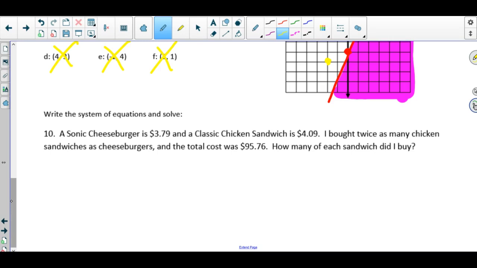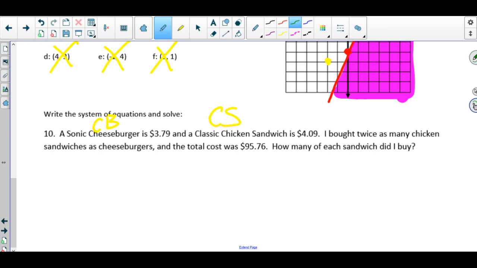We'll call that C. Hamburgers we'll call H, or cheeseburger. How about this? Chicken sandwich and cheeseburger. CB and CS. So a Sonic cheeseburger is $3.79. And a classic chicken sandwich is $4.09. I bought twice as many chicken sandwiches as cheeseburgers.